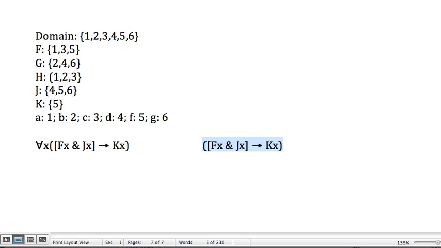Now, if the number 5 is the only thing that satisfies the antecedent here, the next question is, does it satisfy the consequent? The answer is yes, it does. So, the number 5 satisfies this propositional function, and so does everything else. Everything else satisfies it because it doesn't satisfy Fx and Jx.